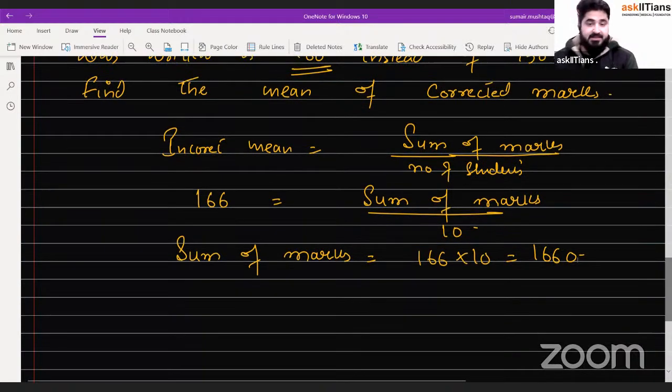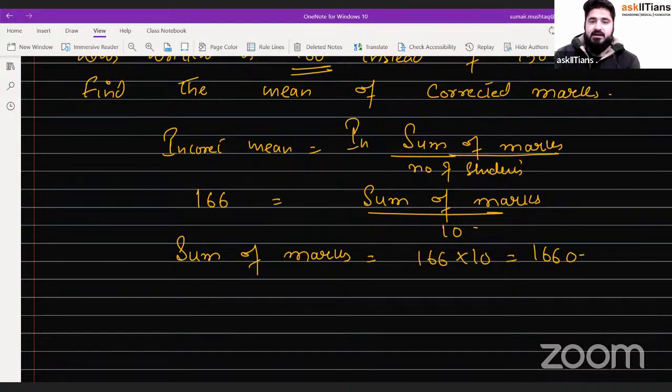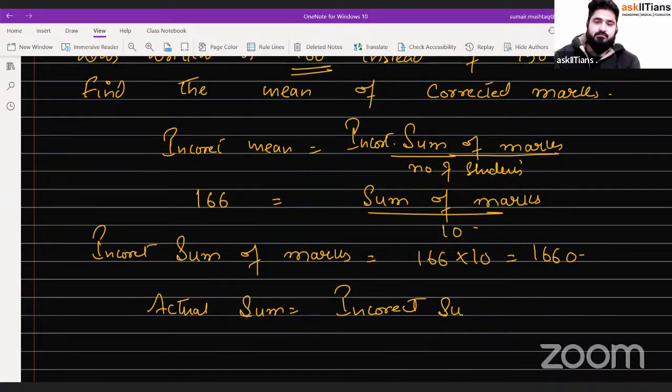Now listen, this is the incorrect sum of the marks, because in this we have written one value incorrectly. So what is the actual sum? The actual sum will be the incorrect sum, then I will deduct the value which was written wrong, and after that I will add the correct value.